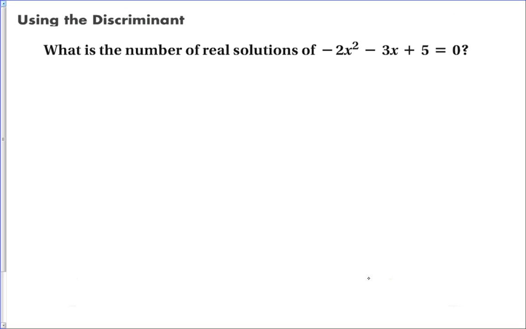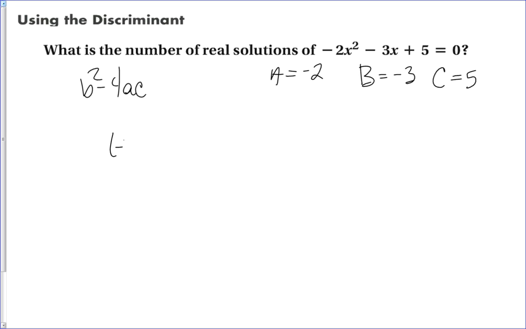Using the discriminant, what is the number of real solutions to negative 2x squared minus 3x plus 5? We're just interested in the discriminant, which is b squared minus 4ac. Here a is negative 2, b is negative 3, and c is positive 5.